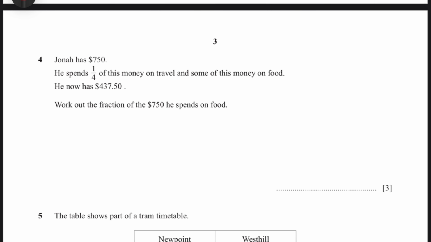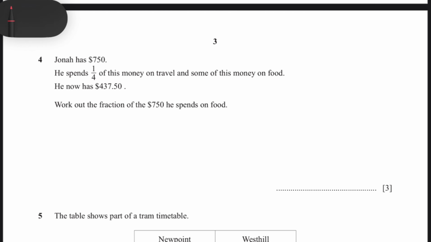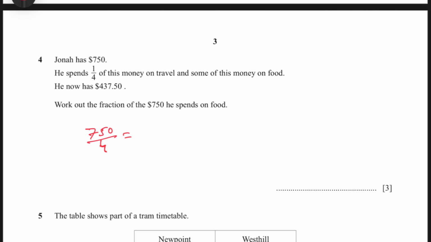First of all, he spent 1/4 of the money on travel, so we do 750 divided by 4. 750 divided by 4 is $187.50 he has spent on travel. Now he has this much amount of money left.